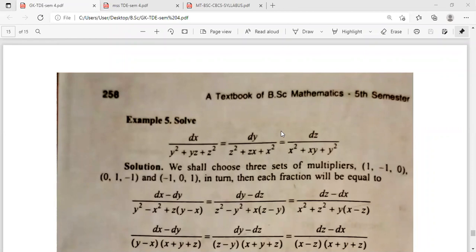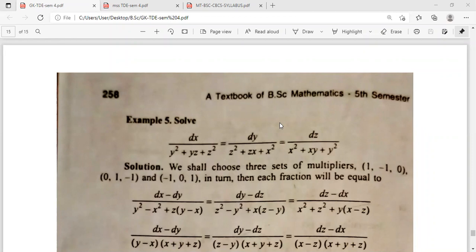Method of grouping means some of the variables get cancelled or are absent, and then you can get the solution. Totally you get three pairs of equations: one and two, two and three, one and three. Here you take any two fractions, so two sets we have to take, and solve them by the method of grouping or the set of multipliers.